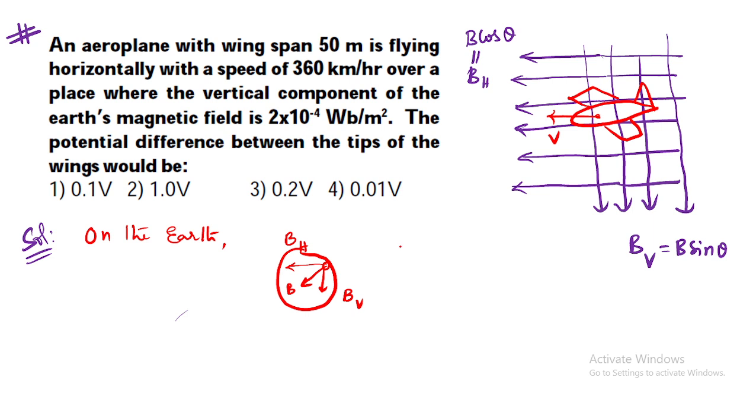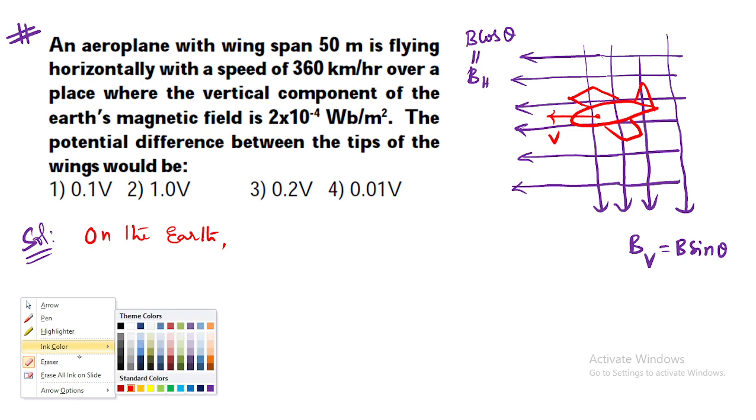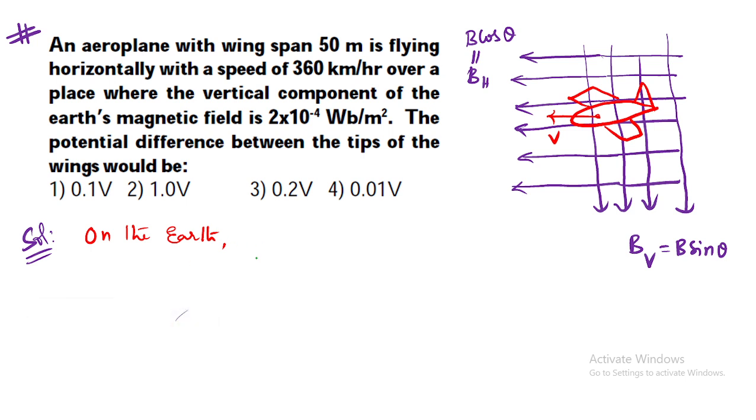Right? Now, a few things you should be very clear. I will write like this. EMF along the horizontal component upon Earth: horizontal component BH into V into L. Now we see these two, BH and V, are parallel or perpendicular? Parallel to each other.